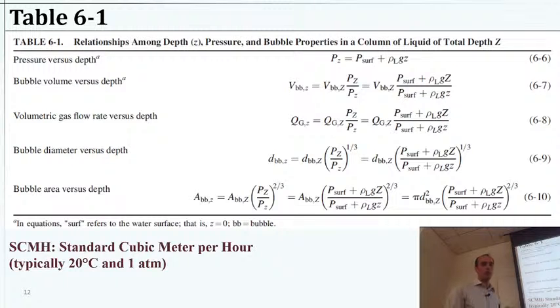There's a lot of big questions there. Okay, bubble diameter versus depth and bubble area versus depth. All of these features, I'm basically just saying we could see the geometry and relate it to the pressure accordingly and have these formulas.